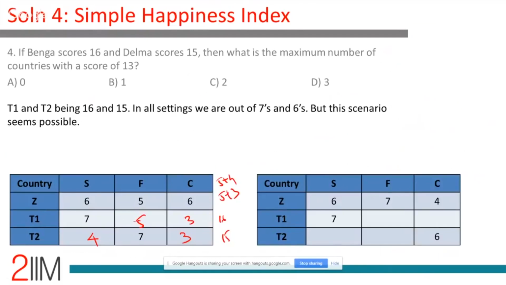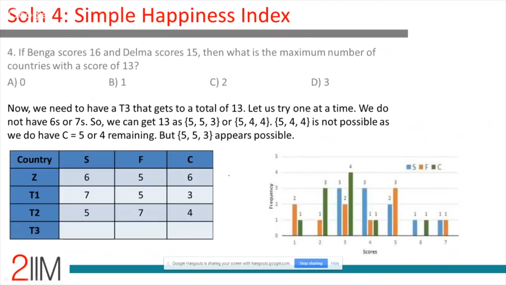So 7, 5, 4 and 7, 5, 3. This adds up to 15, this adds up to 16. There's no 5 available with C. Only 1, 4 available. So this is one possibility for getting our total scores of 17, 16, 15.